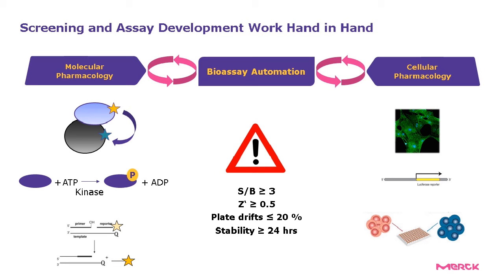We want to have a Z prime on the plate of more than 0.5. The plate drifts should be lower than -20%. And what is really important for us, because we run these screenings over a long time, the stability of the assay should be more than 24 hours.